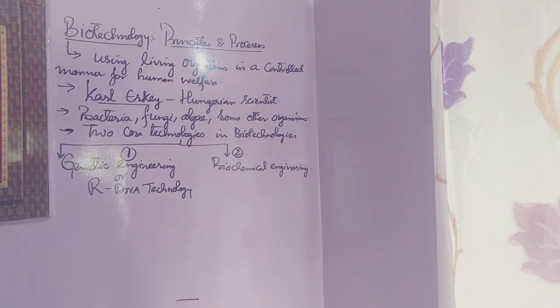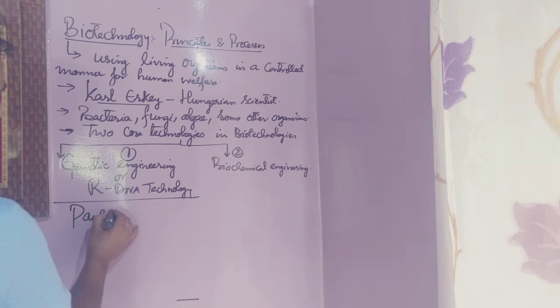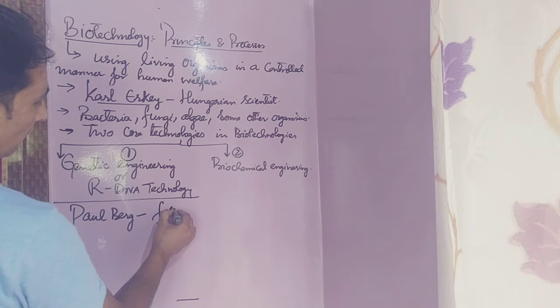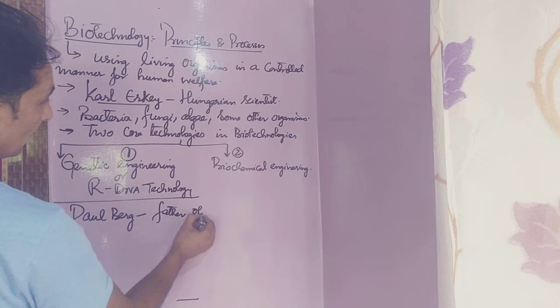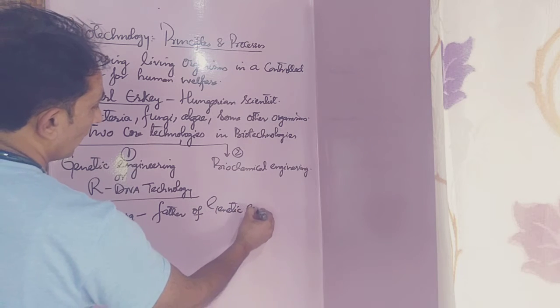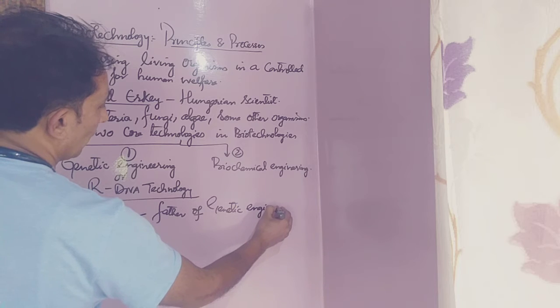Let's first of all discuss what genetic engineering or recombinant DNA technology is. This science was started by a scientist known as Paul Berg. That's why Paul Berg is commonly known as the father of genetic engineering, or father of recombinant DNA technology.